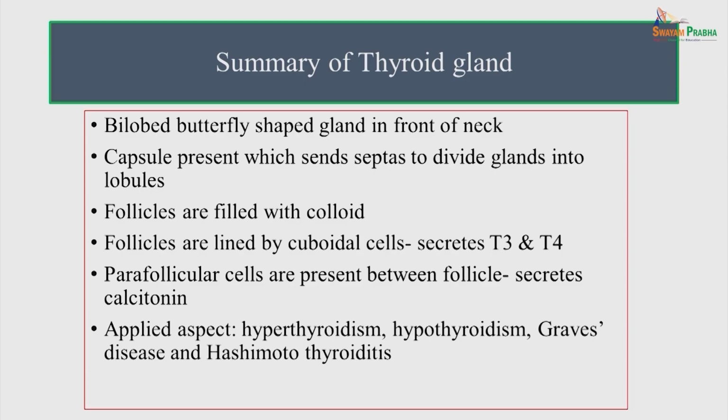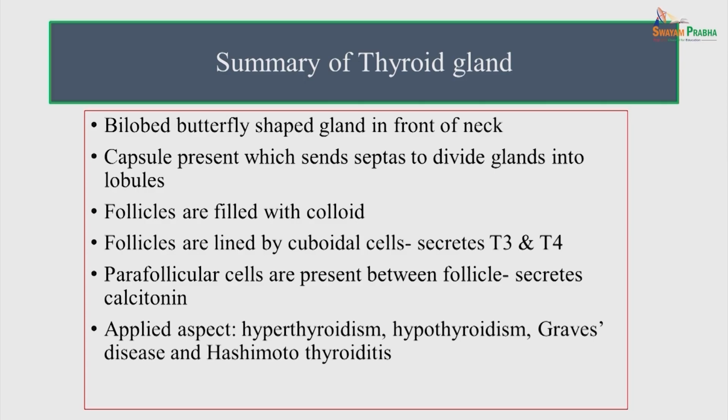In the active form, in fact, T4 is converted into T3 in the bloodstream. The parafollicular cells are present between the follicles, and they secrete calcitonin, which regulates the blood calcium level.